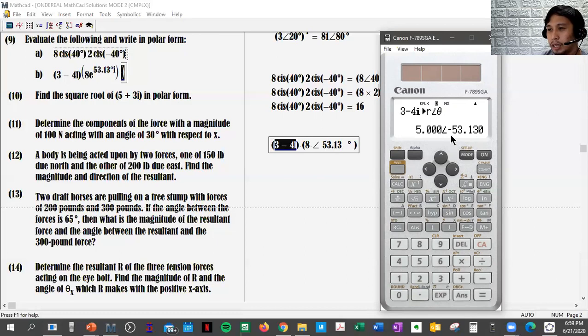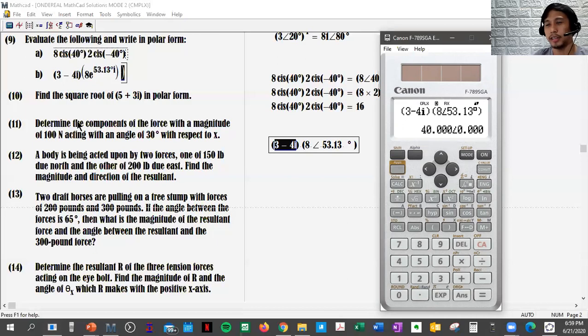So they are the same, right? So multiplying them, magiging negative 53.13 plus 53.13 yung angle. And the modulus becomes 8 times 5 or 5 times 8. And that is equal to 40. So that is why we got 40 angle 0.